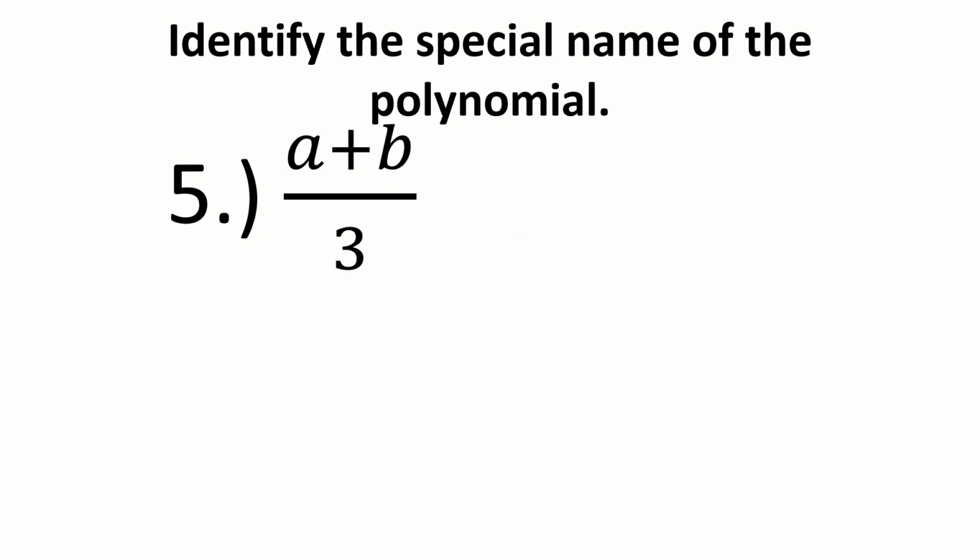So how about here? A plus b all over 3. Okay, we don't say a plus b over 3 because that would look like this one. So if we are referring that a plus b should have the denominator 3, both of them, you say all over. So a plus b all over 3, since you only have one fraction bar, this is taken as one numerator, taken as one denominator. So we're just dealing with one fraction.